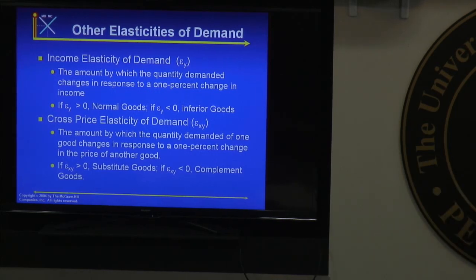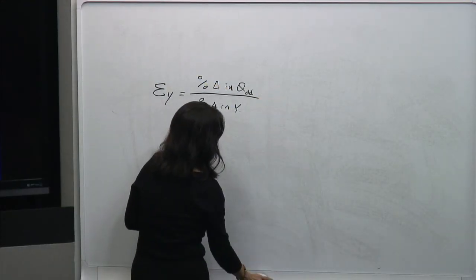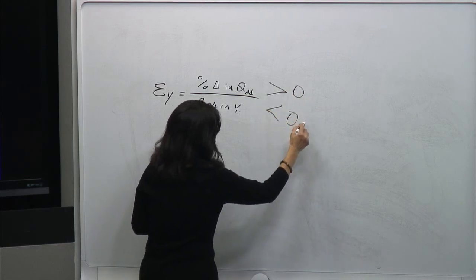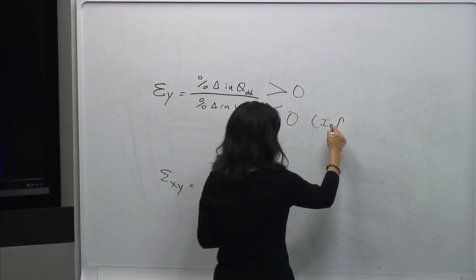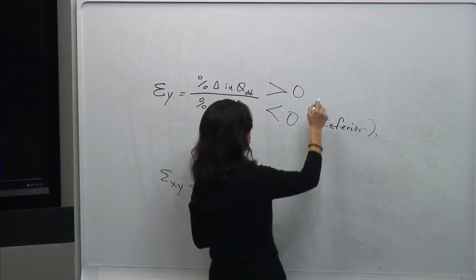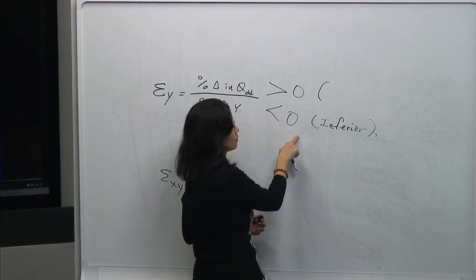If that's the case, we studied that before, it's a normal good. If your income goes up, you consume more of it. But if your income goes up and you consume less of it, that will be your ramen noodle. You buy less of it, so then it's negative.